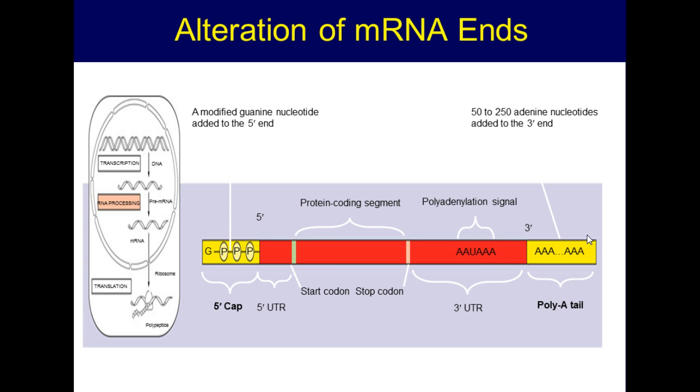So make sure you, in fact, let's have you get this segment in your notes correctly labeled, because we're going to talk about these things eventually too. The protein coding segment, start codon, stop codon, etc. We're going to talk in more detail about those in the coming slides. So let's get this in your notes.